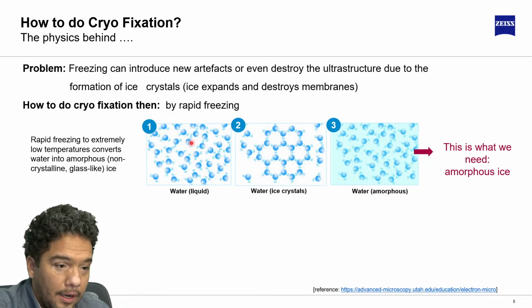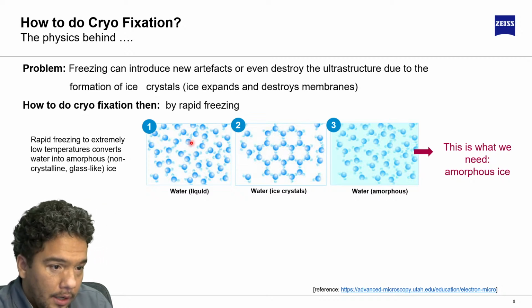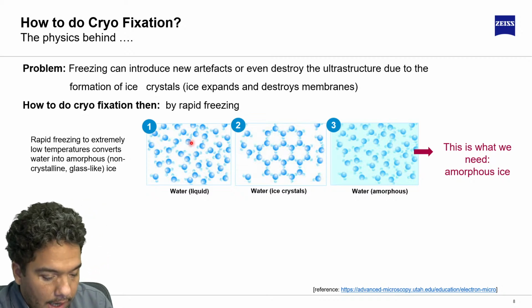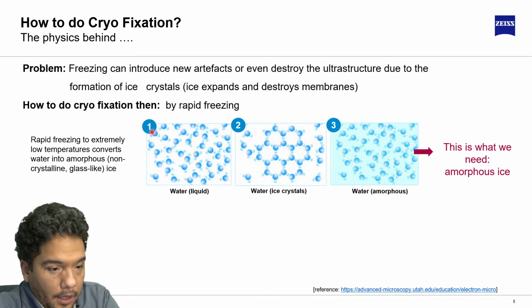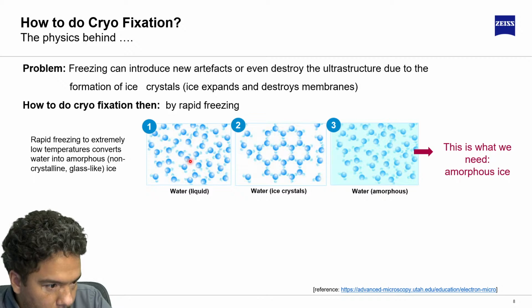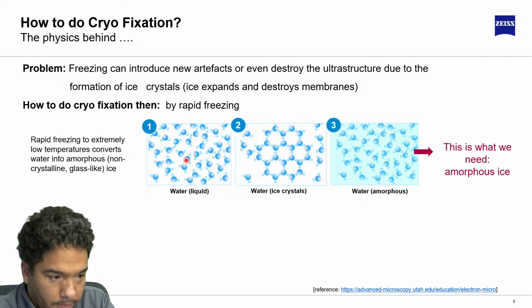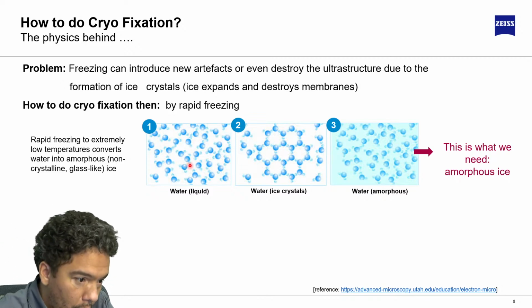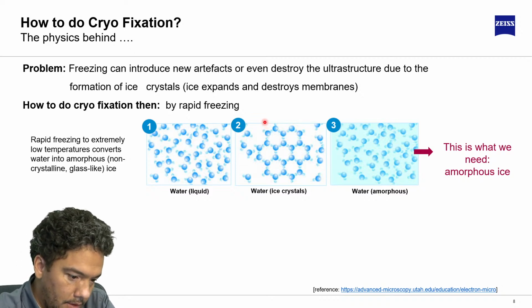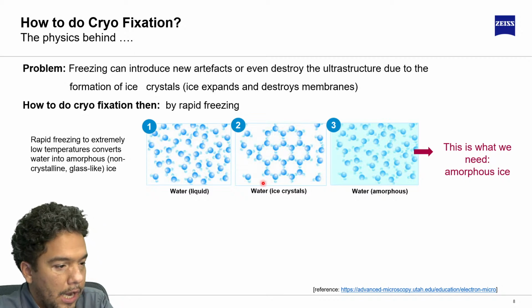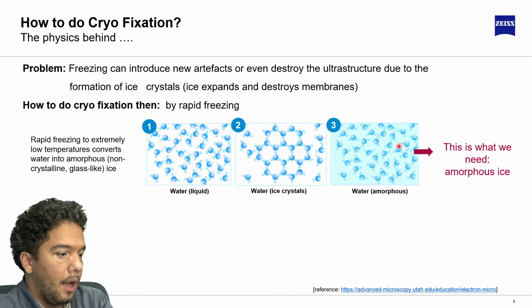How does this work, and why is it so important that we can create that cryo-fixation? Okay, in the regular way, at room temperature, we of course have water as a liquid. When we cool down that water, of course, it crystallizes.